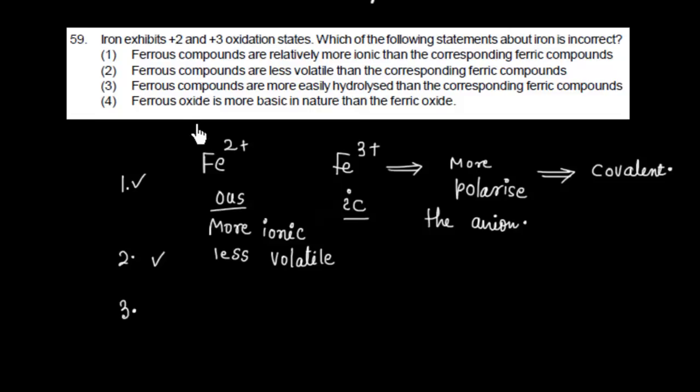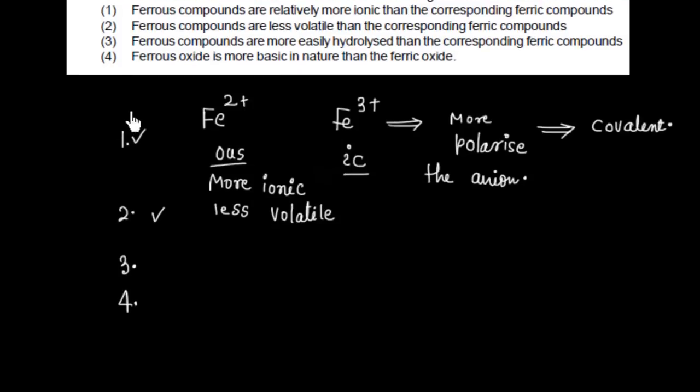Now let us check option number 3. Ferrous compounds are more easily hydrolyzed than corresponding ferric compounds. Before discussing option 3, let us discuss option 4 and then we can say something about option 3. This says ferrous oxide is more basic. So I have ferrous oxide and I have ferric oxide.